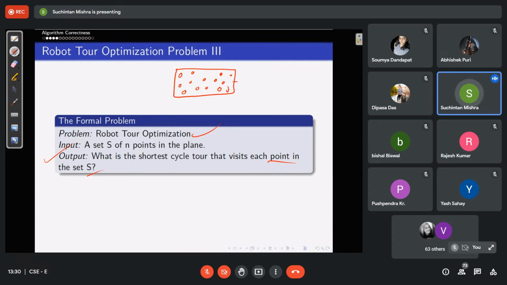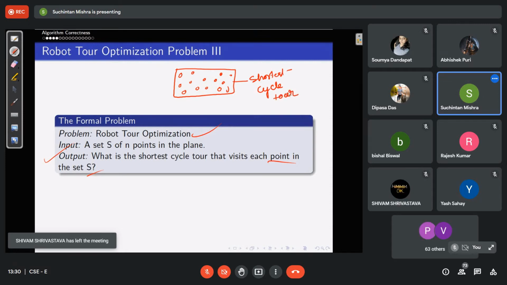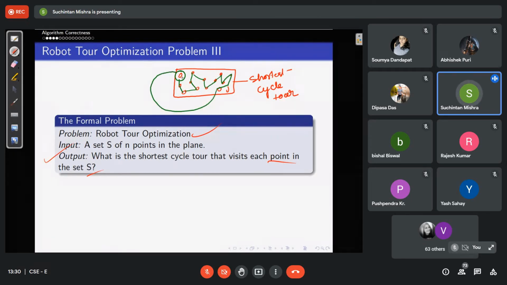What do you mean by a cycle tour? We have already discussed in the first class what a cycle is. I start at one point, I visit all the points, then I again come back to the starting point. This is a cyclic tour.